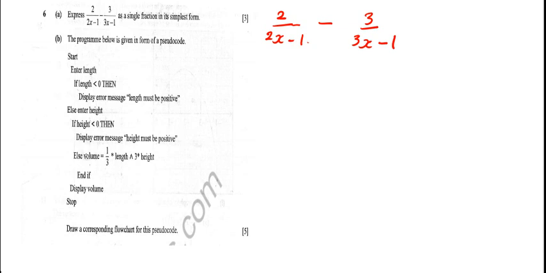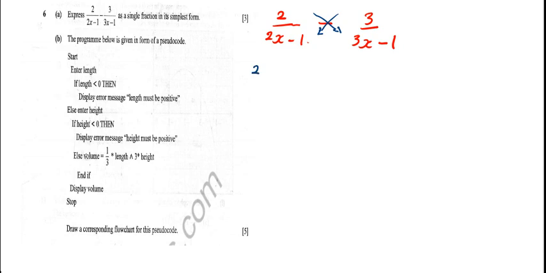So we have two fractions. Now we want to write them in one fraction. So it's like we're cross multiplying, meaning 2 will multiply with 3x minus 1, and the 3 will multiply with 2x minus 1. That's how they are multiplying.